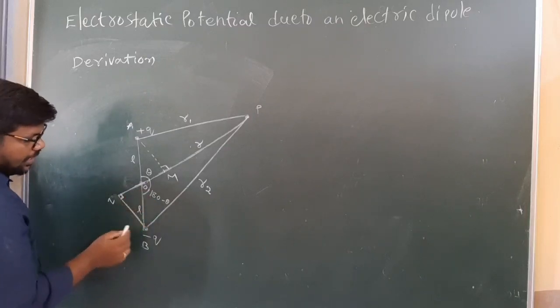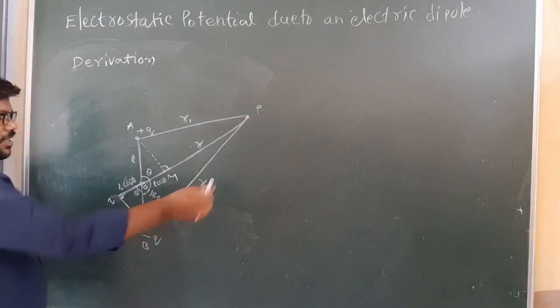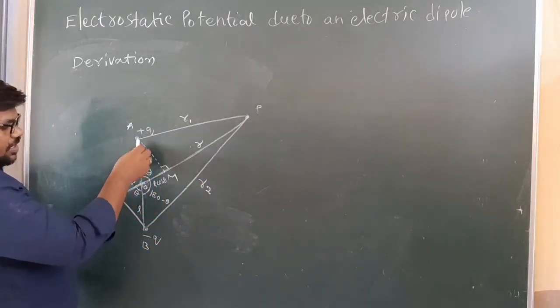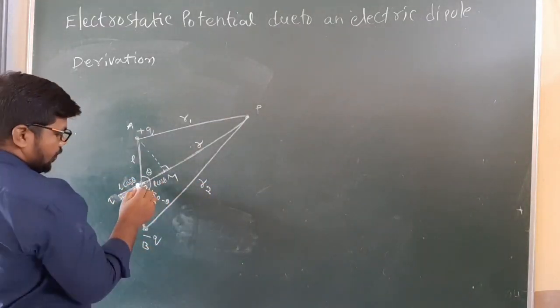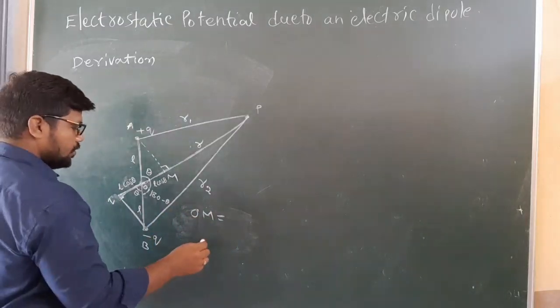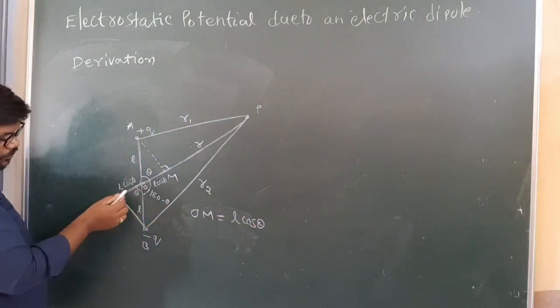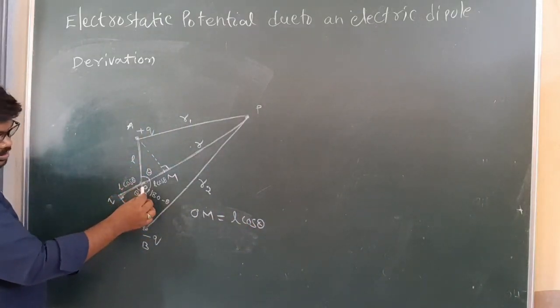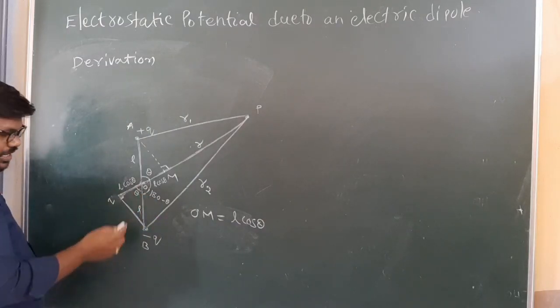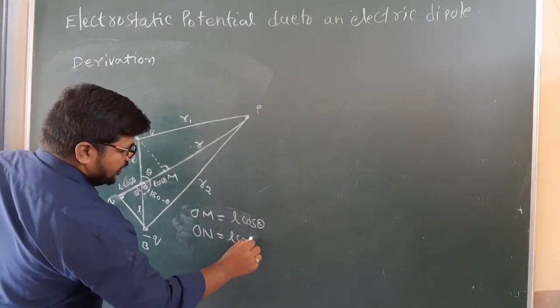Now we are calculating. Already said, the projection of l along the adjacent side, OM, is equal to l cos theta. And the projection of l along the adjacent side, ON, is equal to l cos theta.